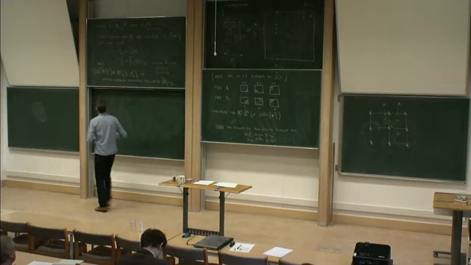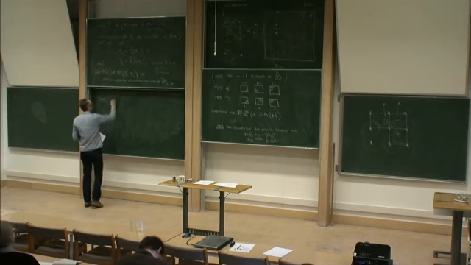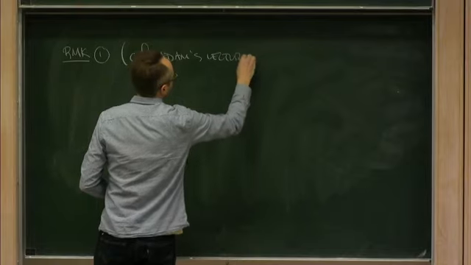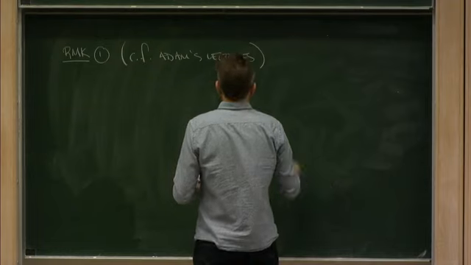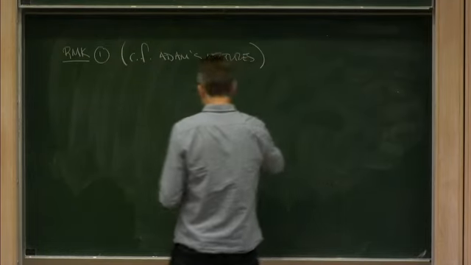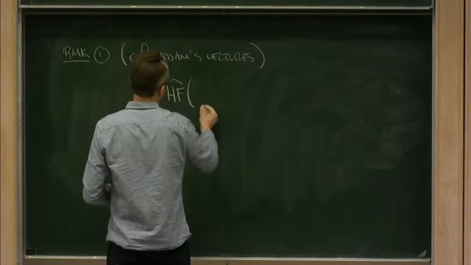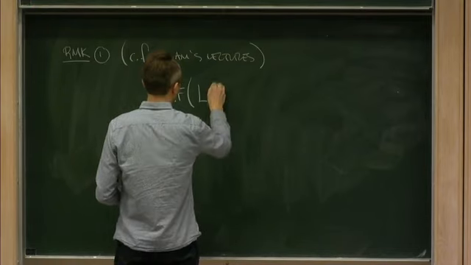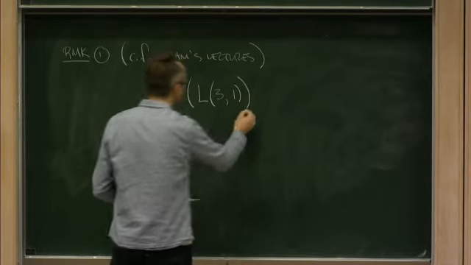So the first remark from Adam's lectures is that Adam computed HF hat of L, let's just do an example, L(3,1), say.